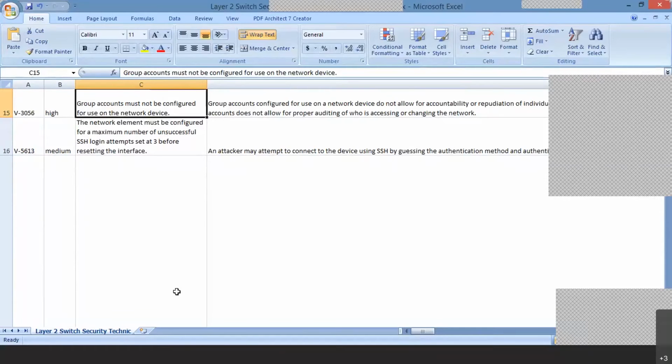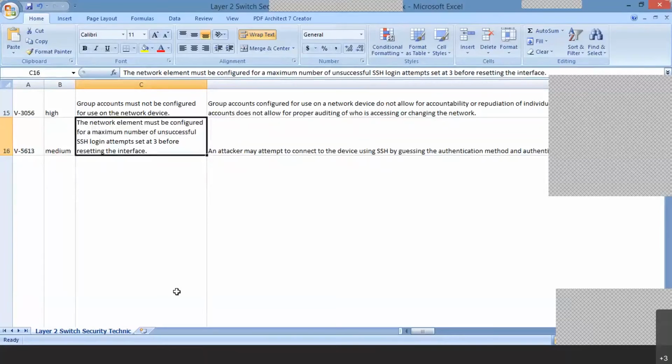The network elements must be configured with the maximum number of unsuccessful attempts set to 3. Suppose you have configured SSH as the access protocol, using SSH protocol version 2, which is a secure protocol. But as per SSH hardening, you have not set the login attempts limit to 3 unsuccessful attempts.